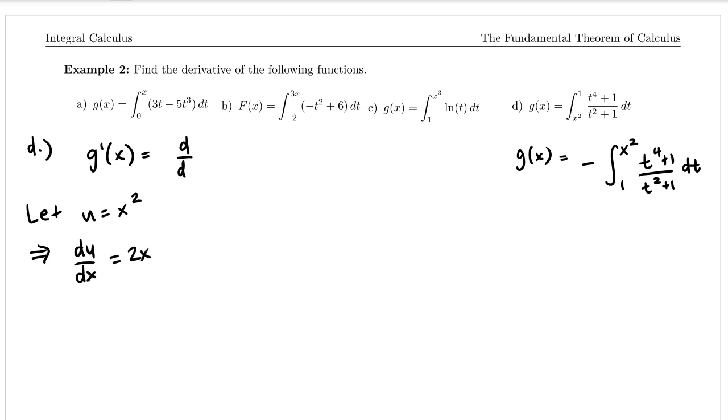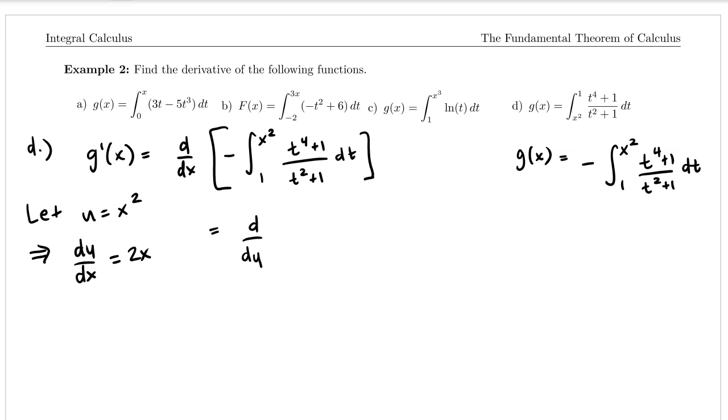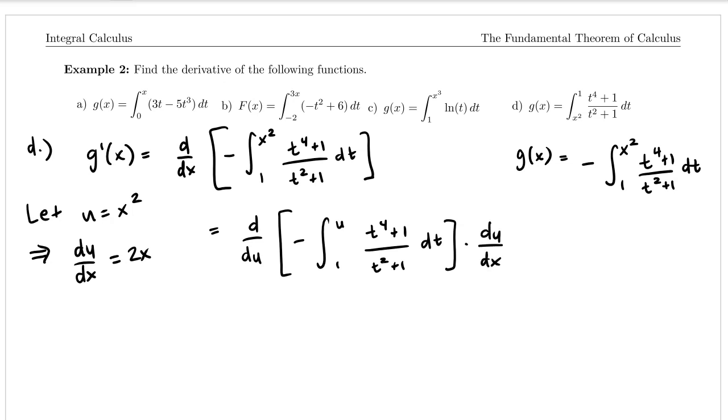So if I wanted to take the derivative with respect to x of -1 times the definite integral from 1 to x squared of our original integrand, I would need to switch this. So now I'm taking the derivative with respect to u, and I'm going to replace x squared with u. And I'm multiplying by du/dx at the end.